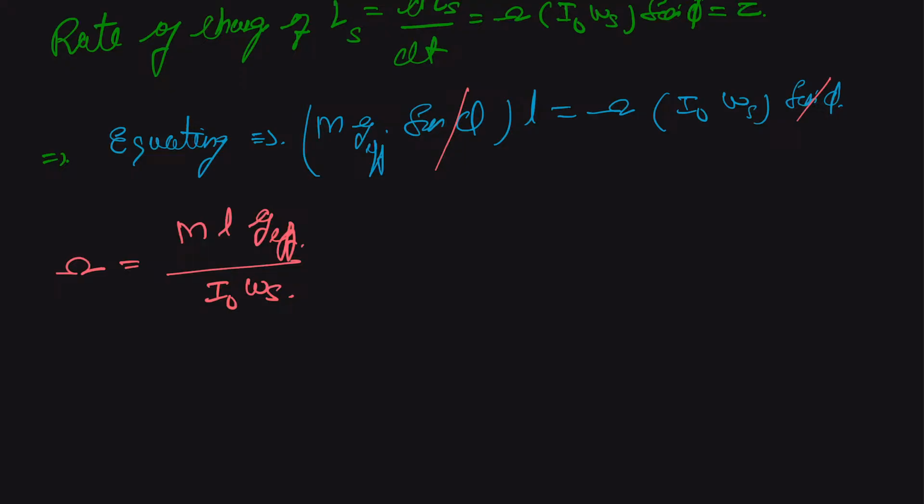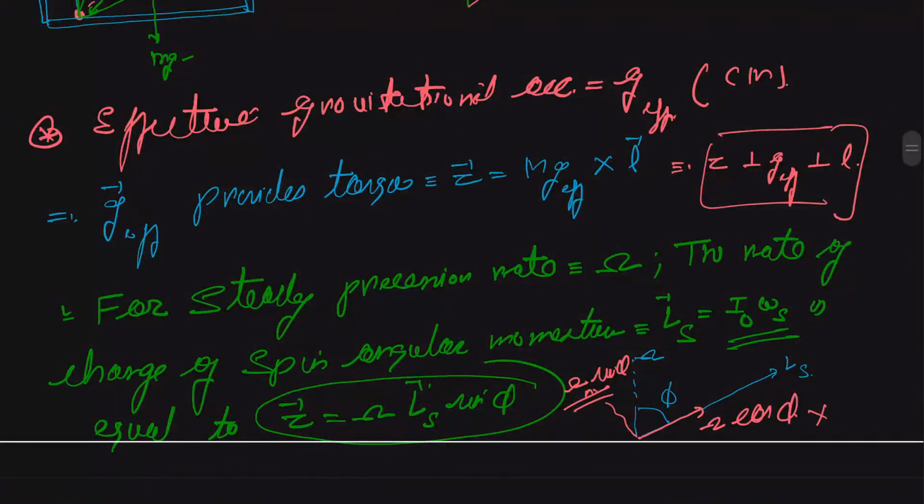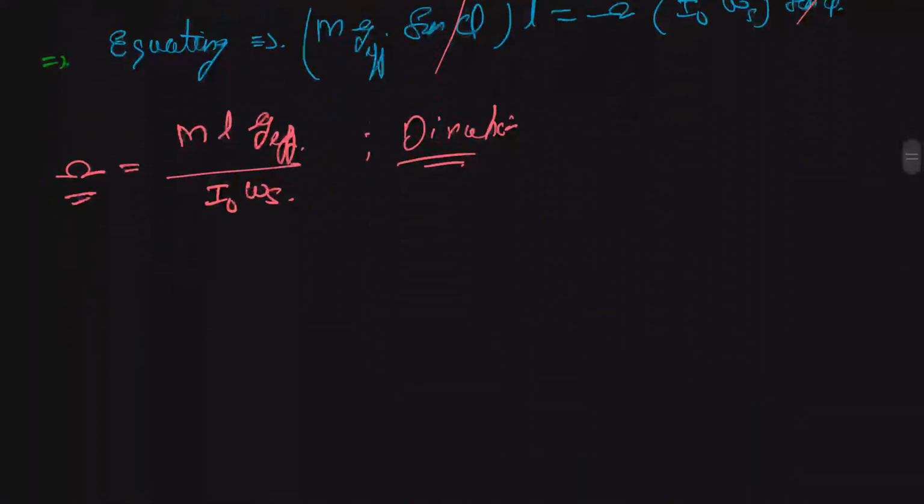Okay. Now, like I said, we have to find out the direction of this precession part. Magnitude we got, and we are going to find out its direction. In order to find out the direction, we know that the torque is perpendicular to our g effective as well as the length L, and also our spin angular velocity omega s is along the axis itself.